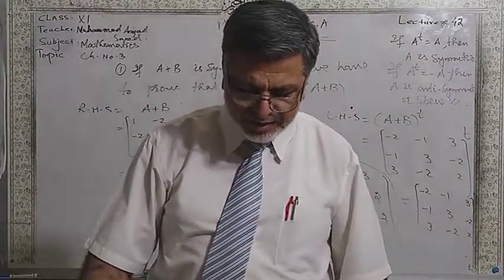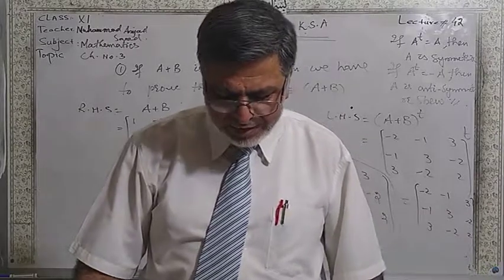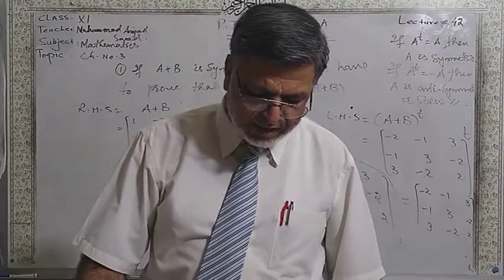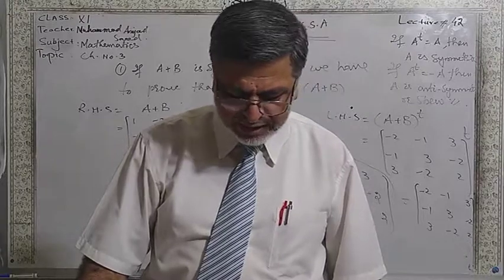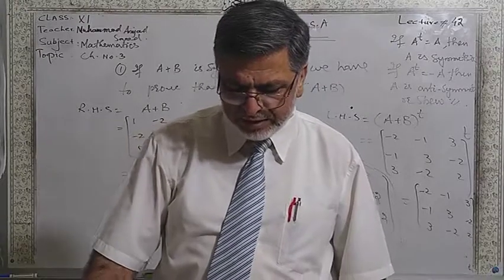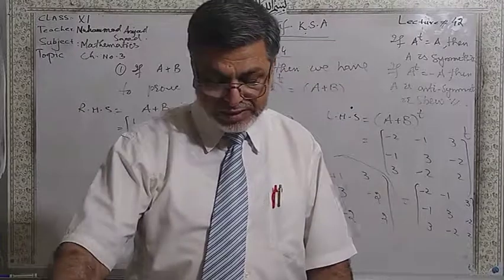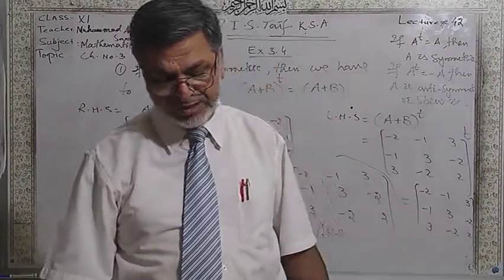After that, we have question number 2, and there are two parts. First part is for symmetric with positive sign, and second part is with negative sign. We have skew symmetric.